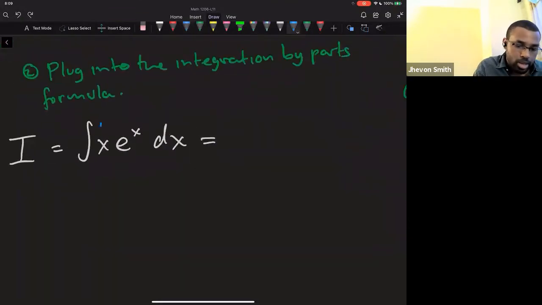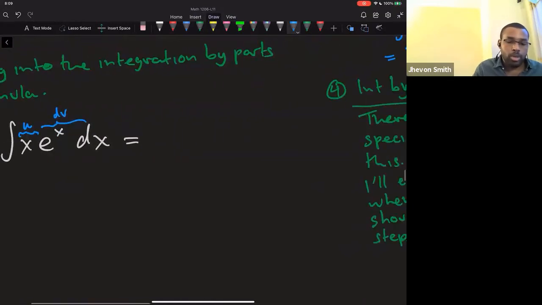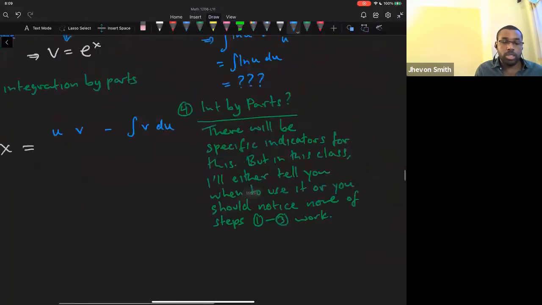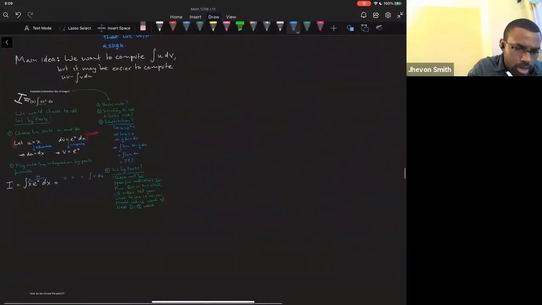Right, so x is my u, and so that's this part, and my e to the x dx is my dv. Now this is supposed to give me on this side u times v minus the integral of v du, and I'm going to simply just plug those guys in, and I need to like move these guys over.